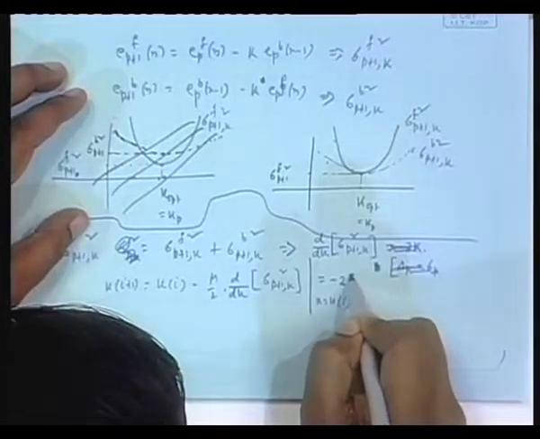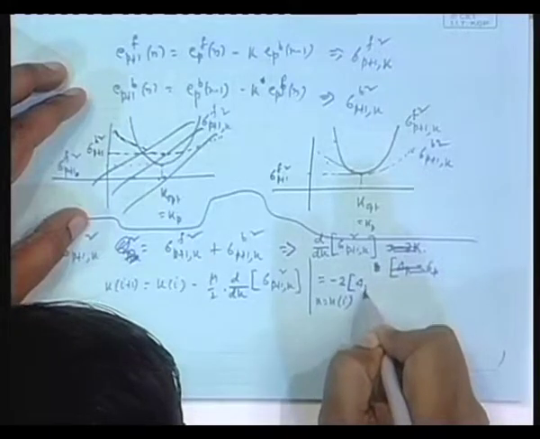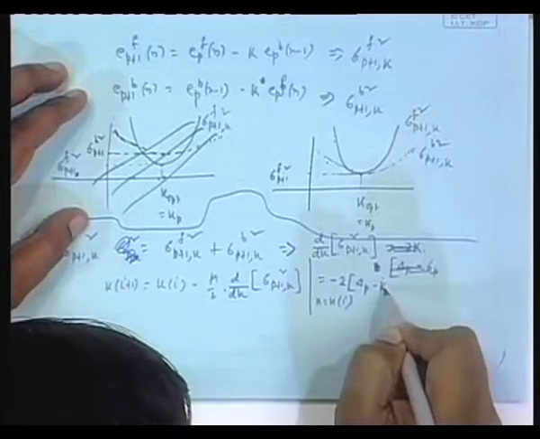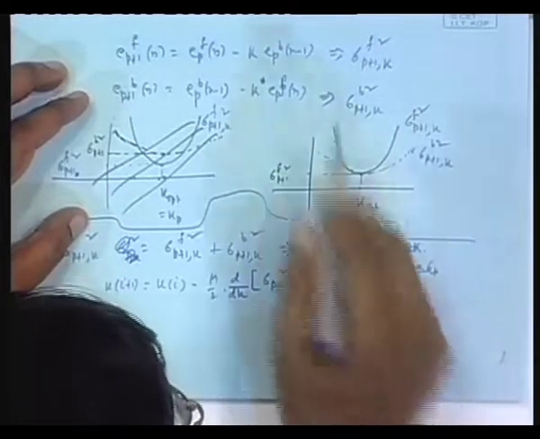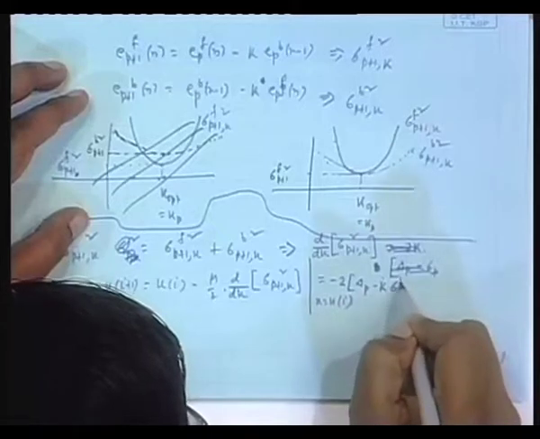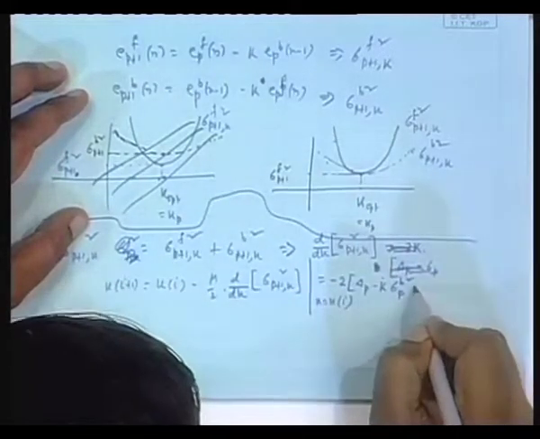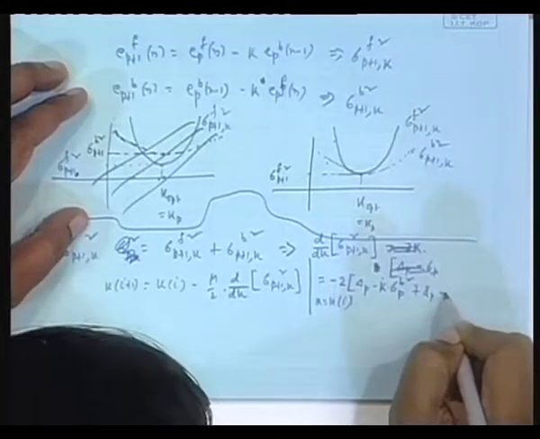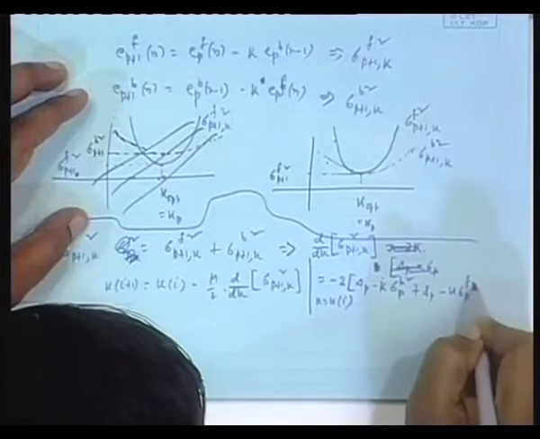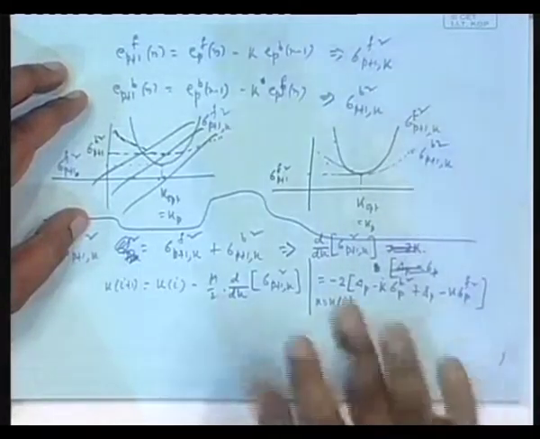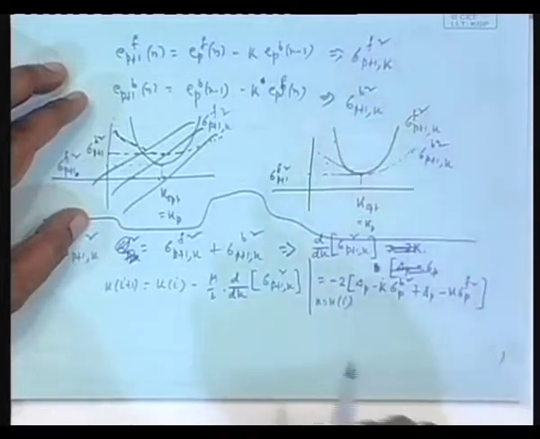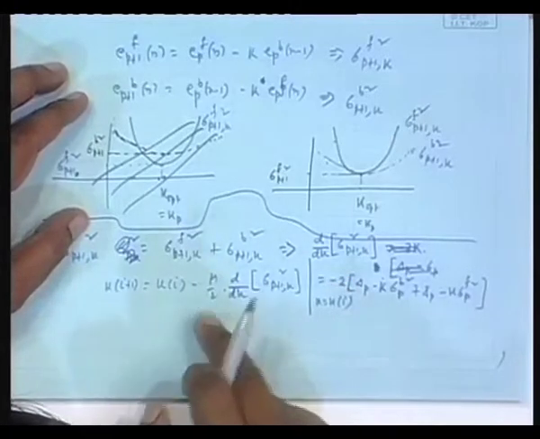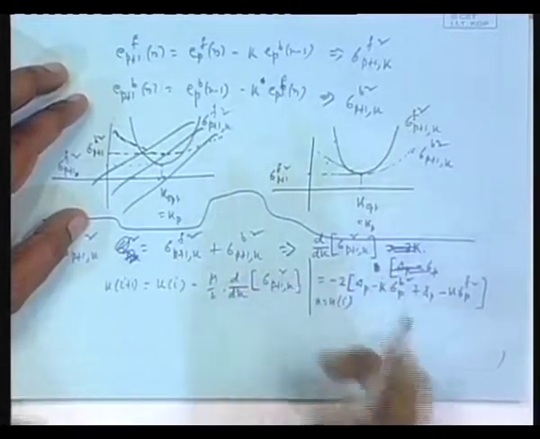Minus 2 times delta p minus k into sigma p b square, and then from the lower half again delta p minus k sigma p f square. Is that the thing? Am I correct? This is the thing. So this you have to bring back here. Minus 2 and mu by 2 will cancel, it will be plus mu into this entire quantity, evaluated at k equal to k i.